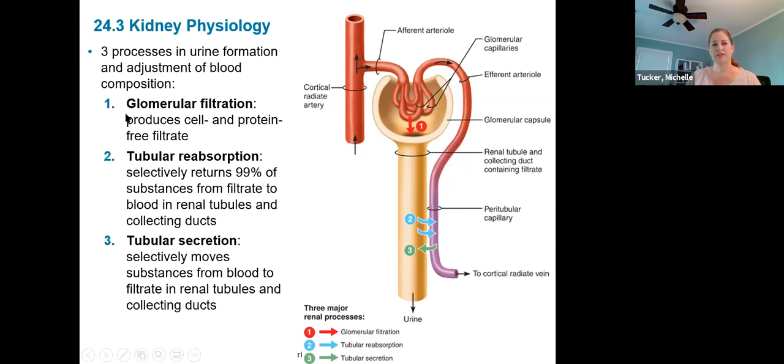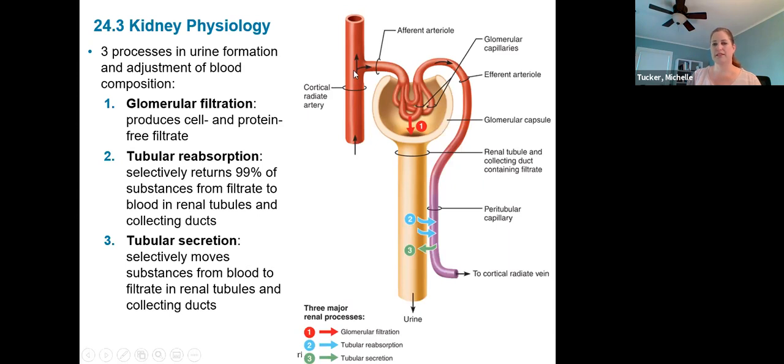The first step is to produce filtrate. If you remember, there is an arcuate artery between the cortex and the medulla, and coming off of that arcuate artery are cortical radiate arteries.